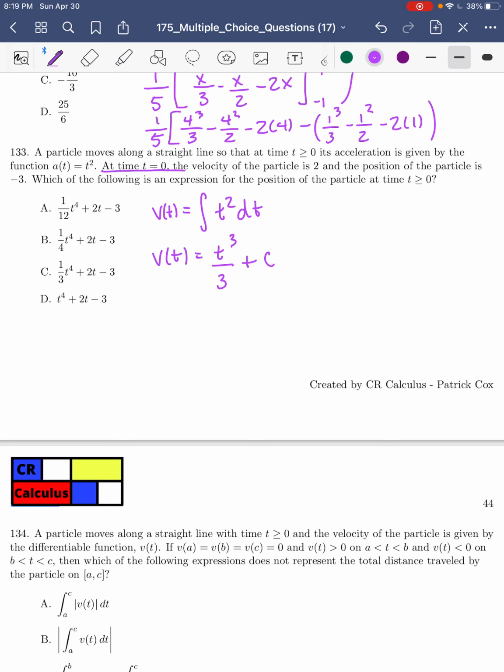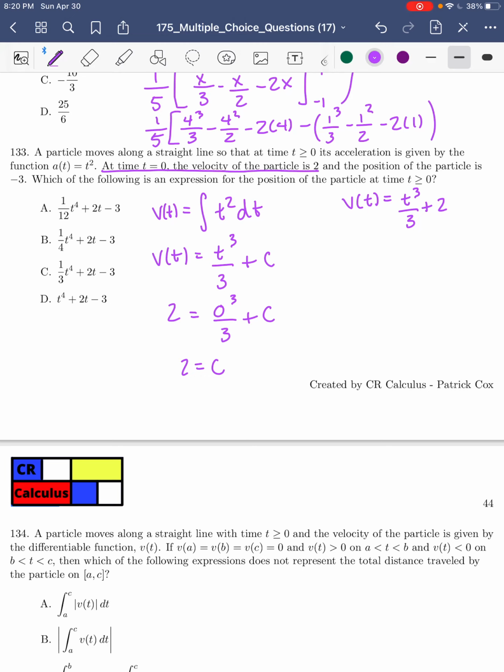And then this line here, at time equals 0, the velocity is 2. So 2 equals 0 cubed over 3 plus c. So 2 equals c. So my final velocity equation here is t cubed over 3 plus 2.